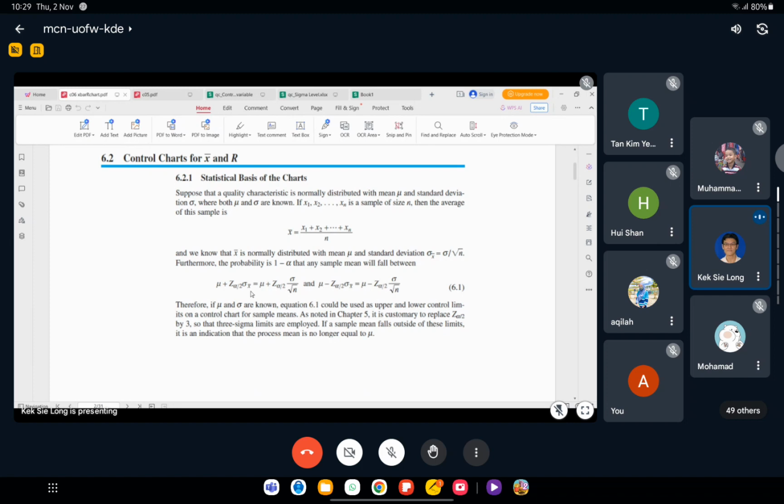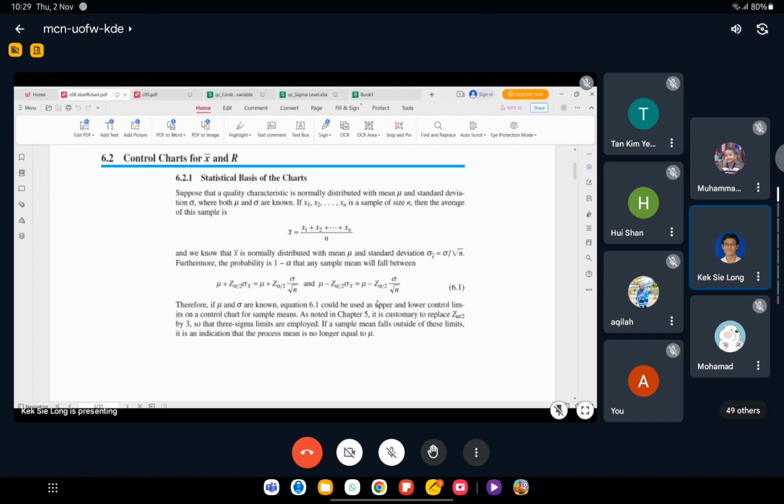You can rewrite them into two equations, one for plus and one for minus. From our previous discussion, we know we can use equation 6.1 to calculate the control limits: plus for the upper control limit, minus for the lower control limit.